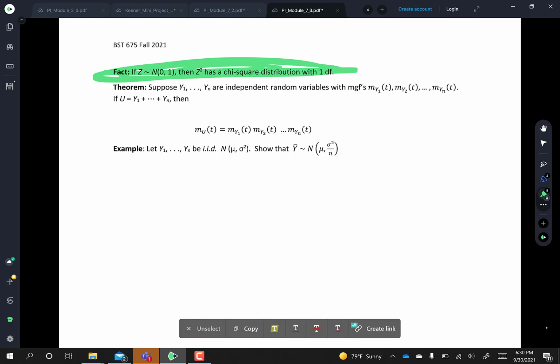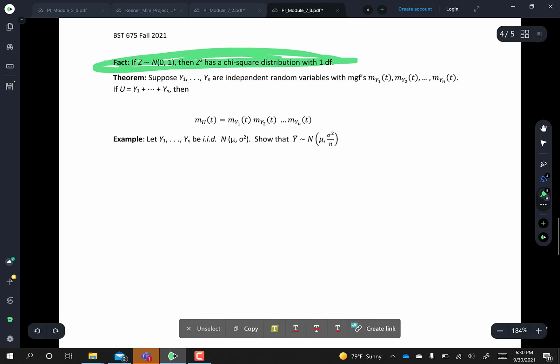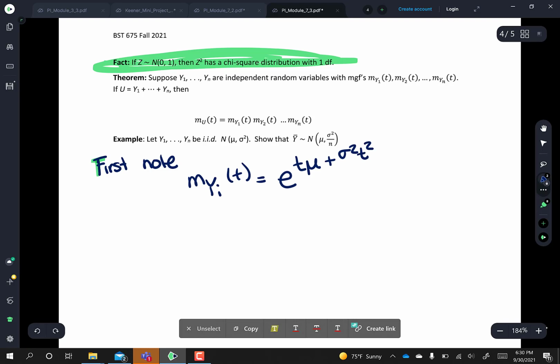Show that y bar is distributed normal, mu sigma squared over n. First, we are going to note that the moment generating function of any of the individual yi's evaluated at t is going to be equal to e to the t mu plus sigma squared t squared divided by 2. And again, notice all of that is in the exponent.